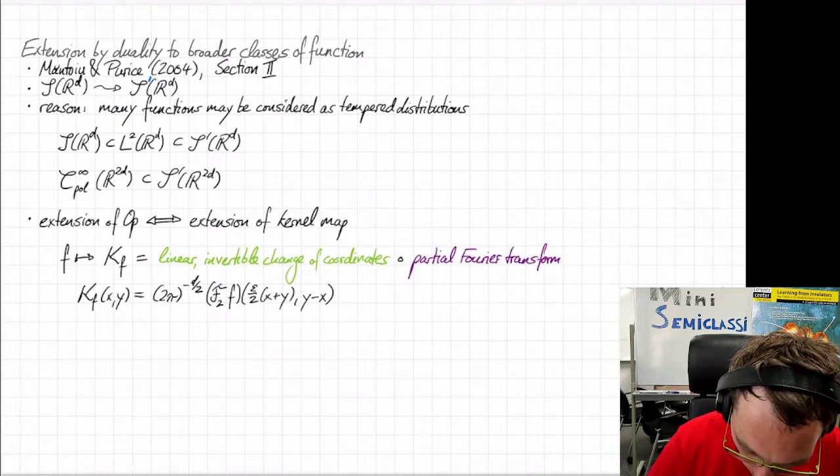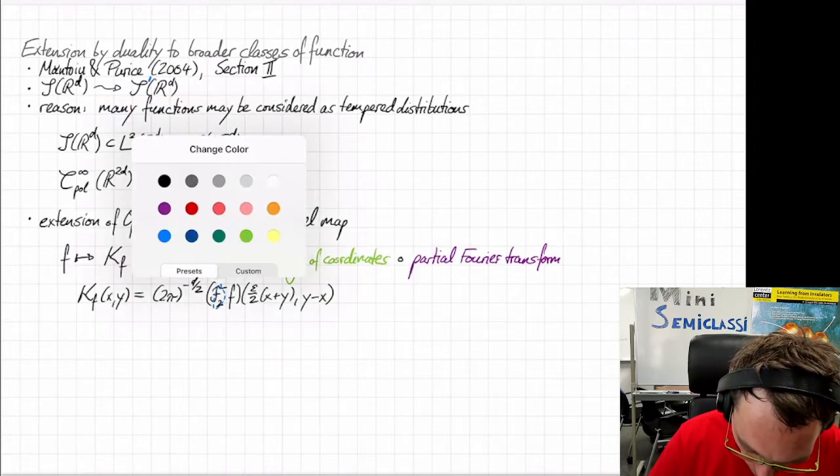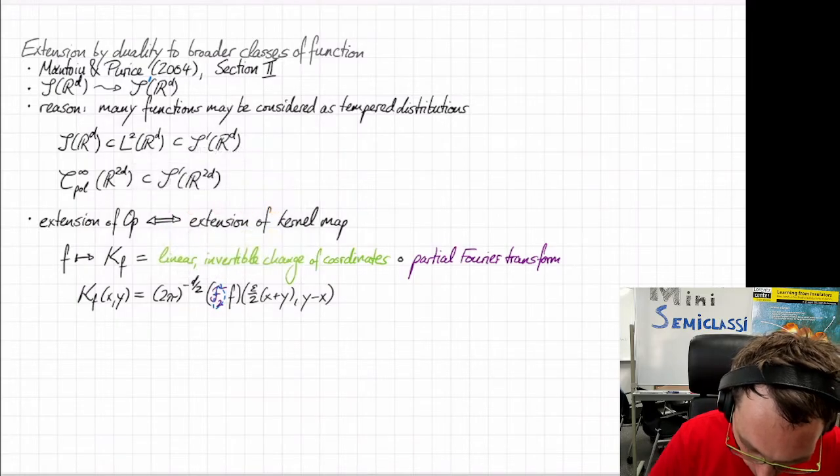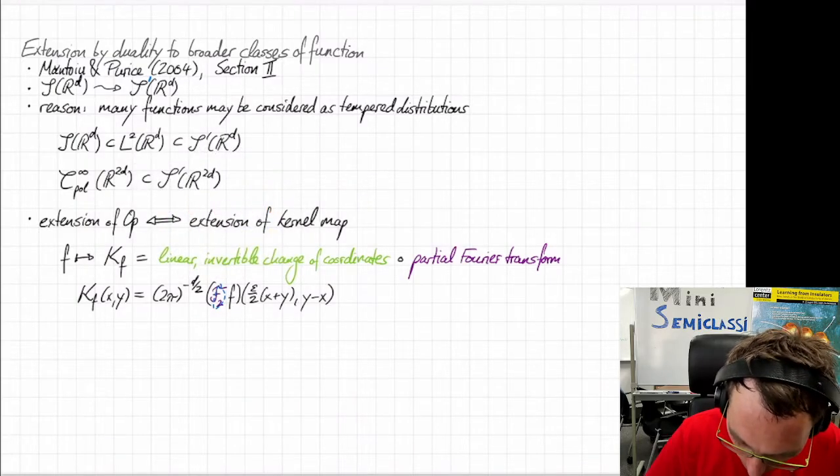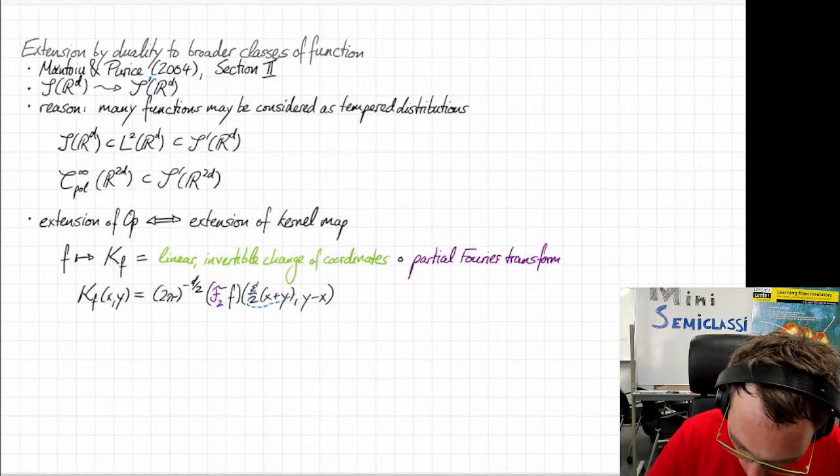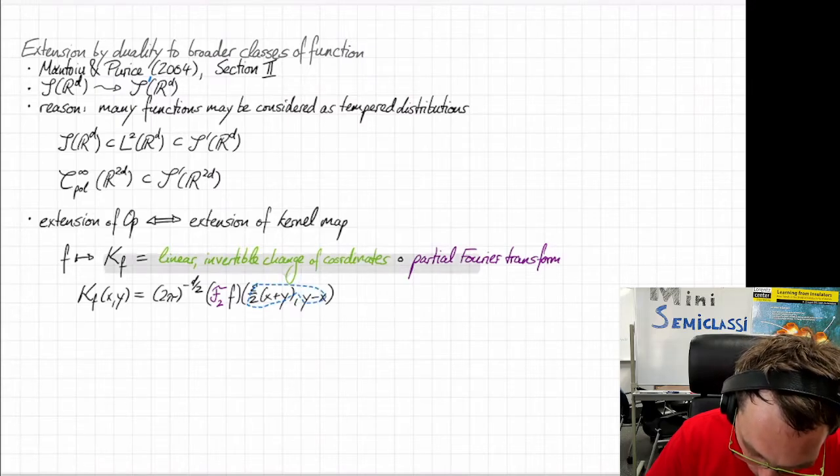Now let's color the ingredients correctly. The partial Fourier transform is purple and the coordinate transform is green.